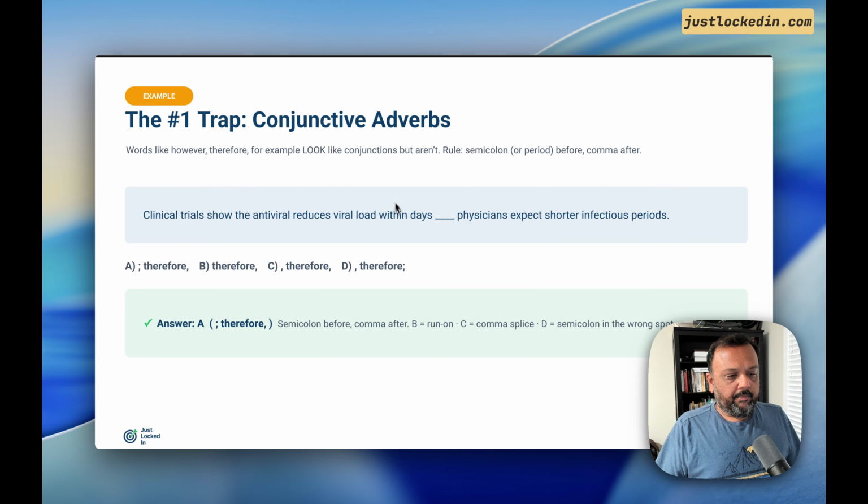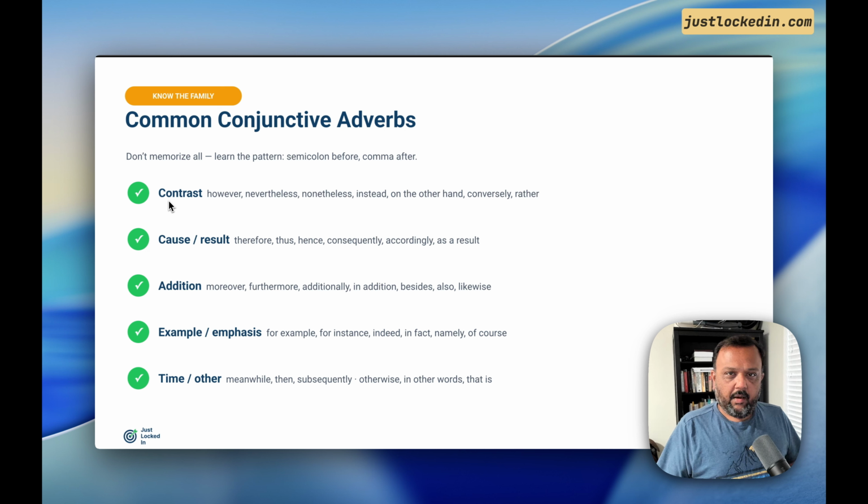What type of conjunctive adverbs would you use? Contrast is however, like you're stating A, however, B. So however, nevertheless, nonetheless, instead, on the other hand, conversely, rather. These are all common conjunctive adverbs that are used to denote contrast.